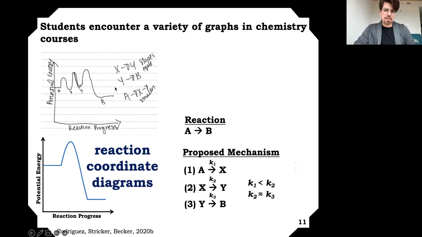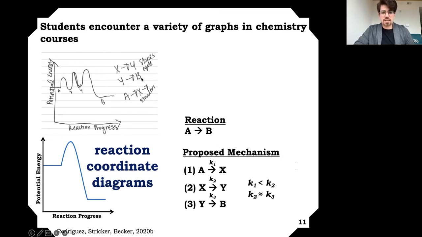The interesting part is how Beth was thinking about how to draw this. We have X to Y, which is the second step, and Y to B, which is the third step. Beth talks about how the slopes are equal, which is how she's thinking about k2 being similar to k3.